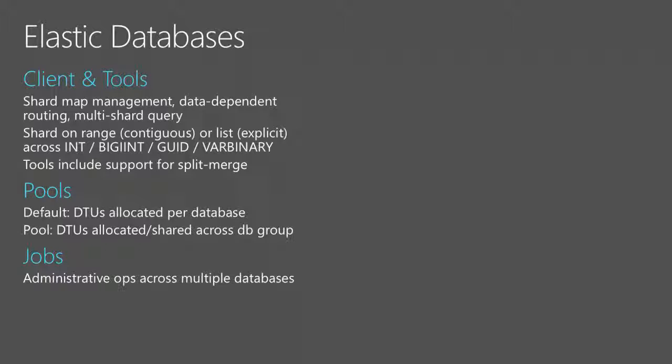Elastic Jobs is another one. Now that we have 100 databases to manage, changing the password on all 100 databases is going to be kind of painful. So that's where Elastic Database Jobs comes in. That allows us to submit a query or a SQL administration script, and that will take care of reliably running that script on every single node.